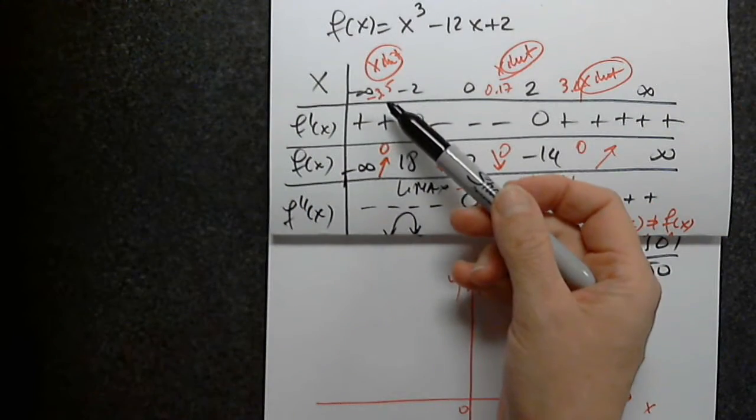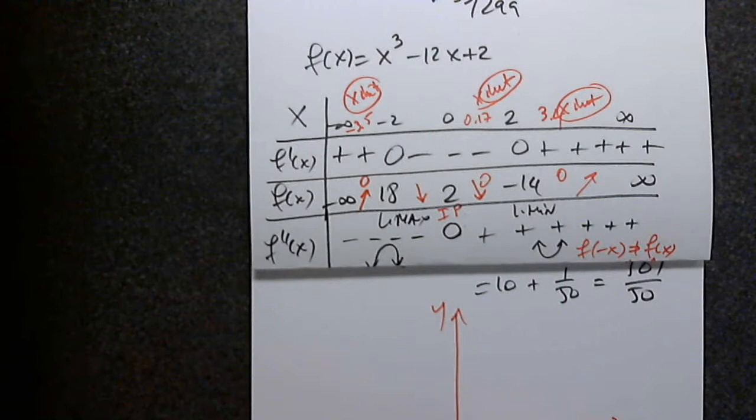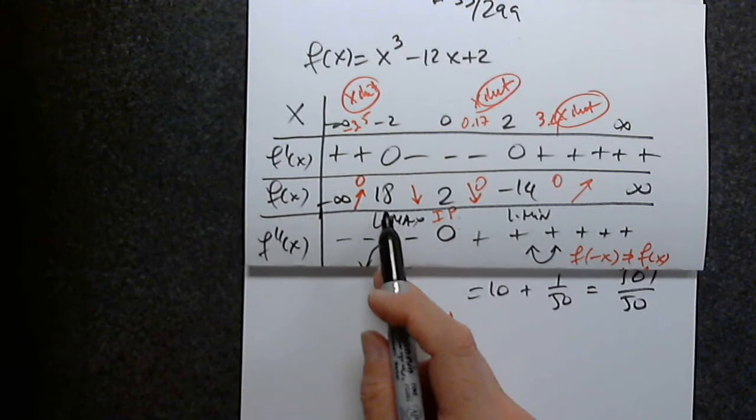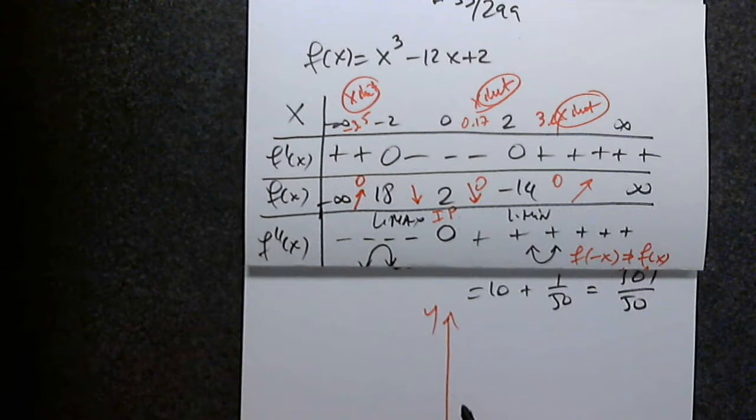-3.5, comma 0. 1, 2, 3, 4, 5. So 3.5 right here. Then -2, comma 18. So the height goes to 18. This is my 18 at -2.